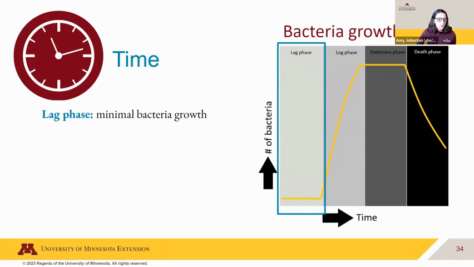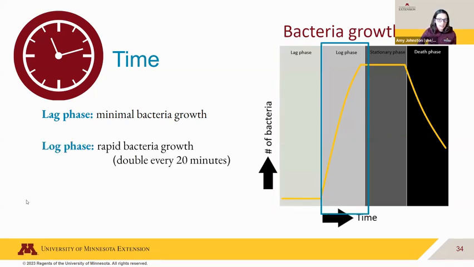So an example could be a dried food that's being exposed to moisture, a hot food that's left out on the counter and is slowly decreasing in temperature, or not enough acid was added to a food and then it was processed and stored.